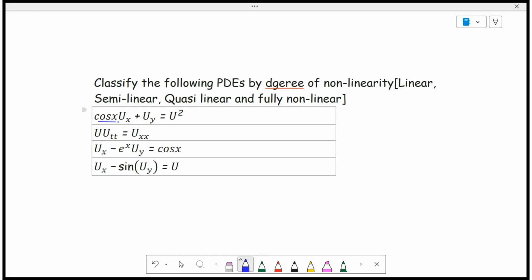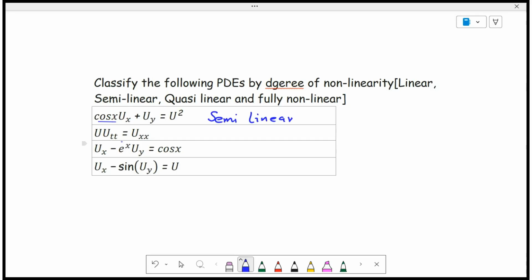So since it is only the independent variable that is the coefficient of the highest order, we can say that this is semi-linear PDE. Then the second one too, the highest order here is utt and then uss. Now the coefficient of this one is 1. The coefficient of this one is u, which is the dependent variable multiplying that.